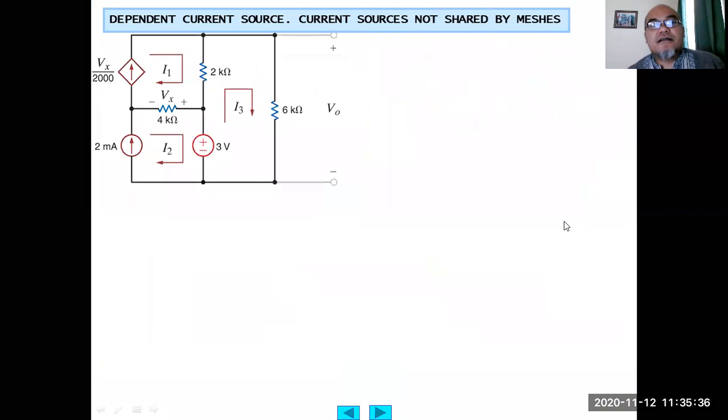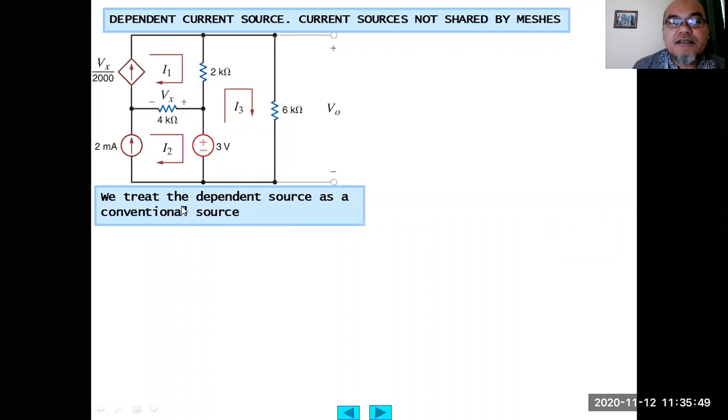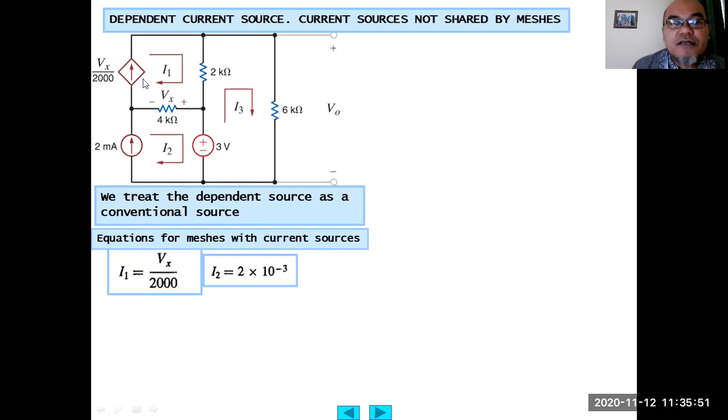Okay, another example of a dependent current source where the current source is not shared by the meshes. The current source here only involves I1. So we treat the dependent source as a conventional source. Equation for the meshes with current source: I1 equals this current source, right?